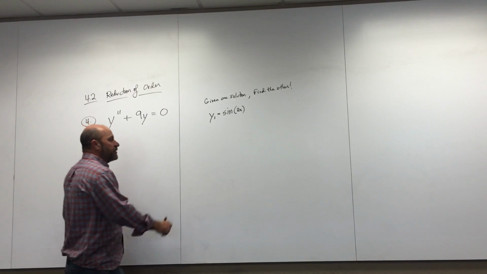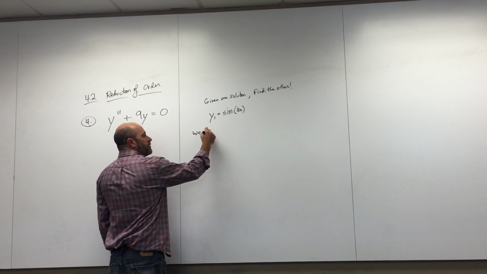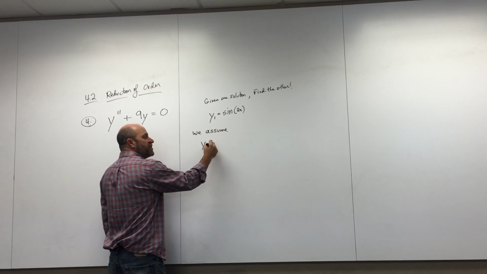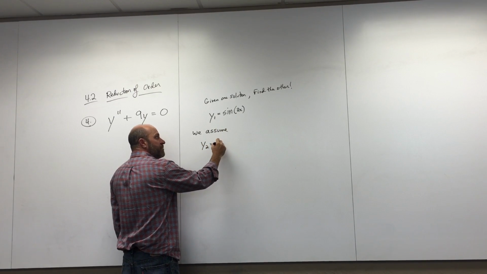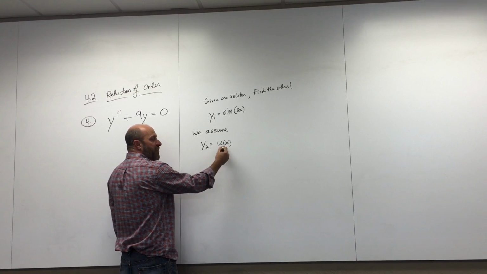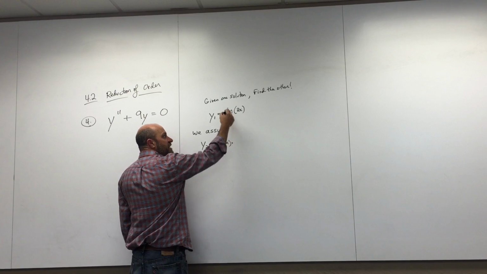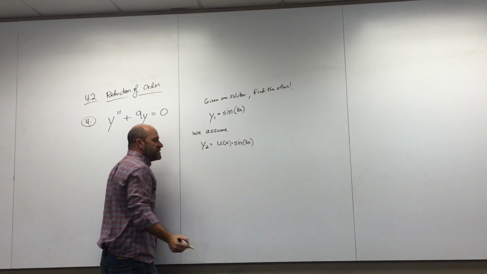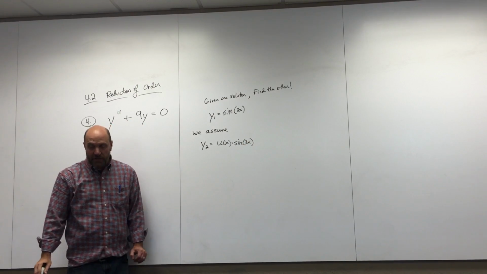Here's what we do. We assume that the other one that we're looking for, y2, is going to be some function of x, I'm going to call it u of x, times this one. Now that's kind of a strange assumption. I wonder if I can talk you into it.